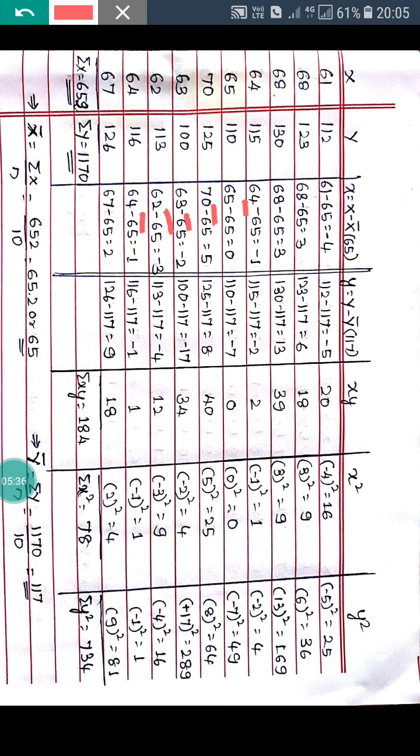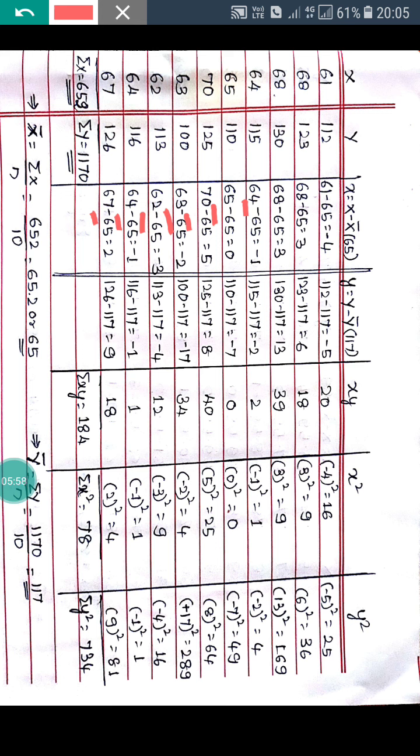Then 62 minus 65 equals minus 3. After that, 64 minus 65 equals minus 1, and the last observation is 67 minus 65 equals 2. We have got the x values.